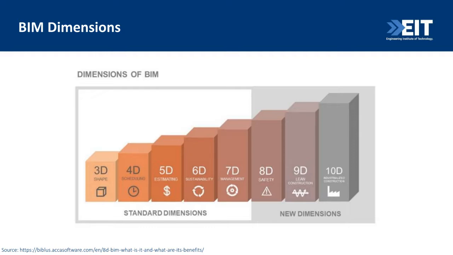And we also have 3 other dimensions of BIM already being discussed in the literature. And of course, there will be more in the coming years according to the needs of the construction industry, the needs of researchers and professionals. So these 3 new dimensions are associated with safety.